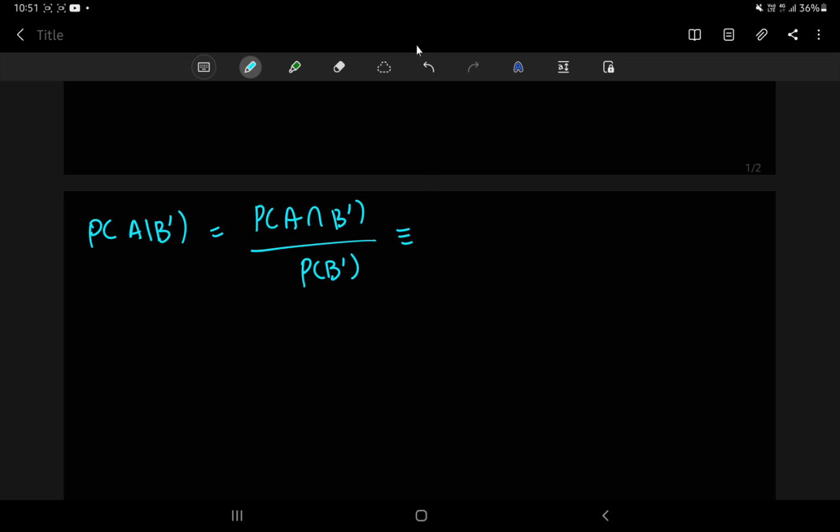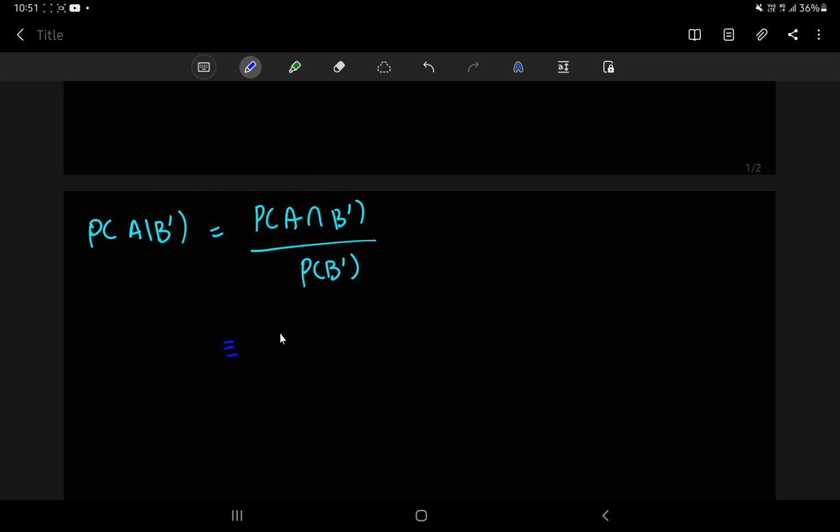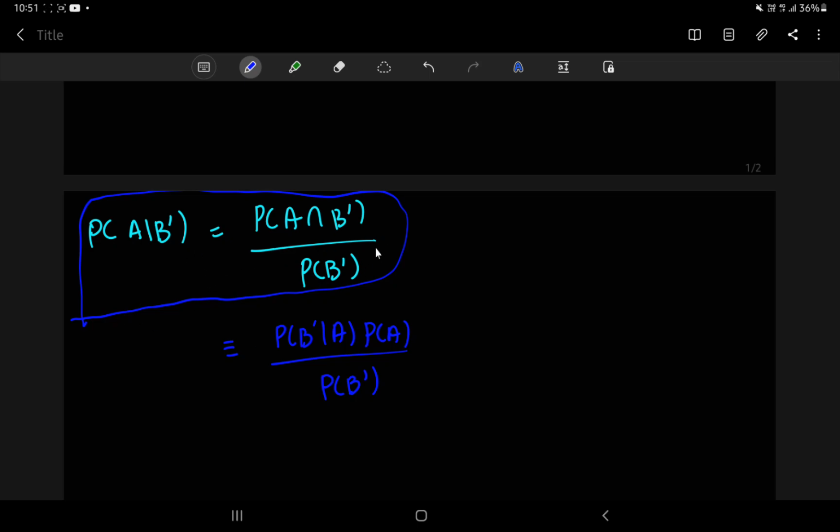It is also equivalent to, so we have two formulas for this, P of B complement given A times P of A over P of B complement. But for the matter of this question, we are considering the first formula.